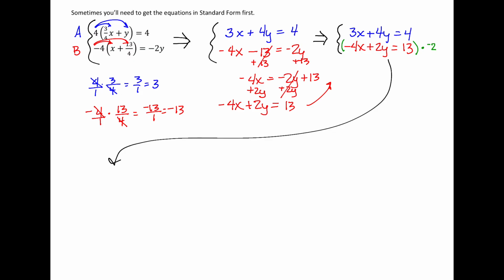Final system before we eliminate. So 3x add 4y equals 4. Now timesing by negative 2, I get positive 8x minus 4y equals negative 26.